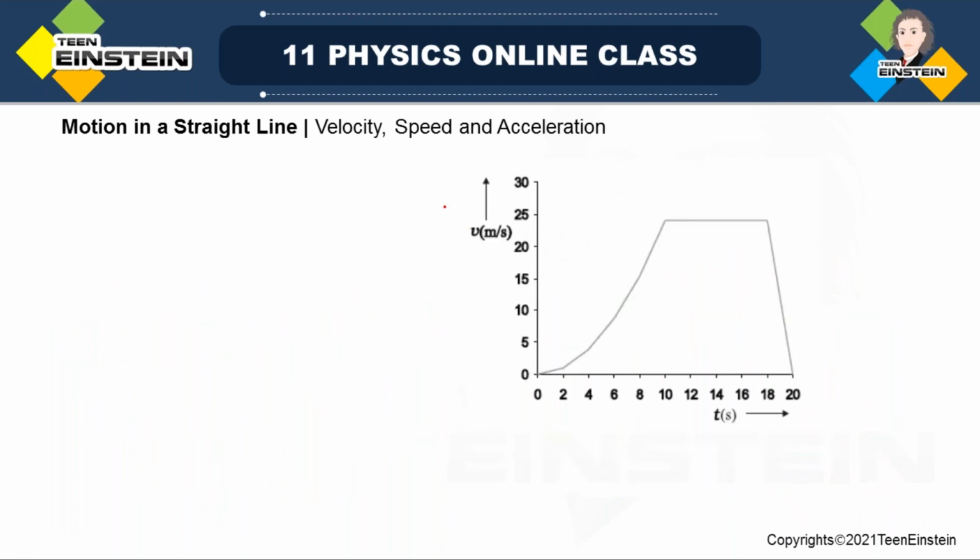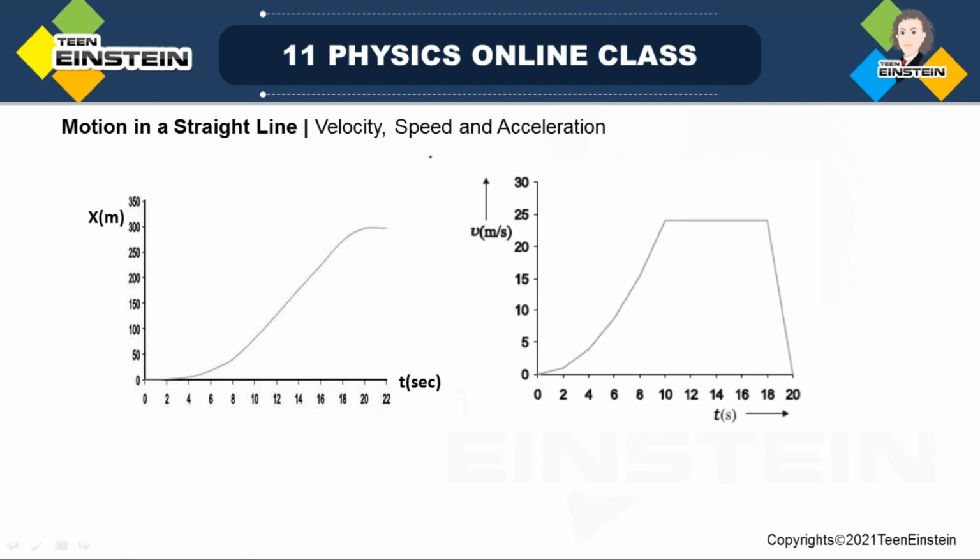Okay, now we'll move on to the next topic for today's discussion. Before that, I'd like to show you how do you draw a velocity time curve from a position time curve. Look, as we have understood, till 0 to 8 seconds, this is a position time curve, this is velocity versus time curve.